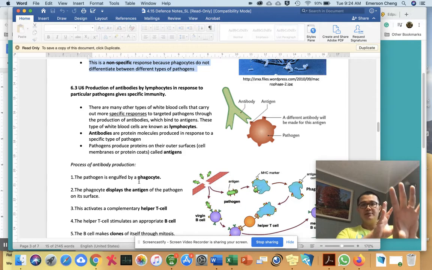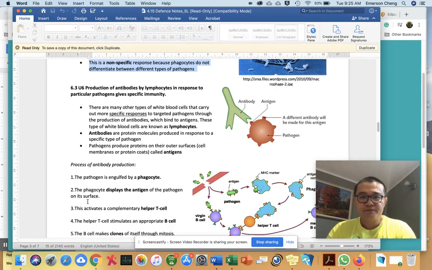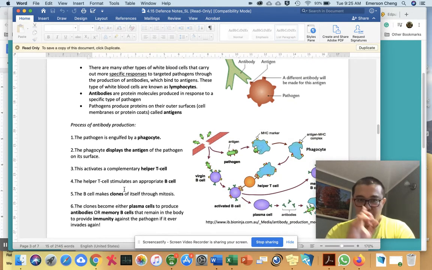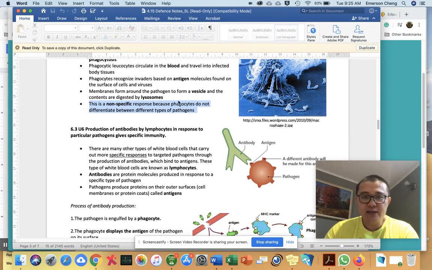Non-specific immunity deals with any type of pathogen. Specific immunity deals with a specific kind of pathogen. Okay, so just like earlier, the leukocytes here, the phagocytes, the same phagocyte would attack or eat many different types of pathogen.